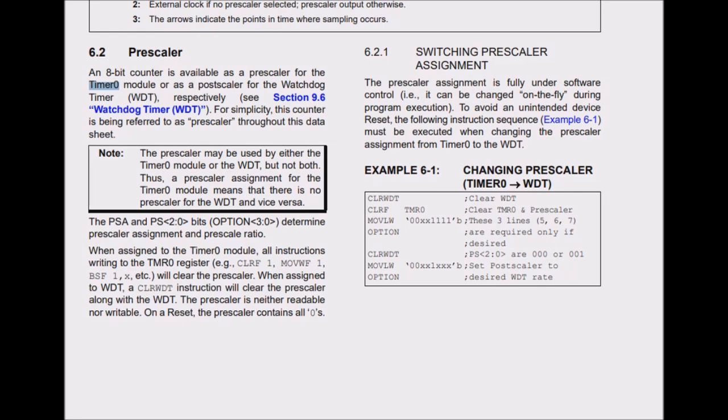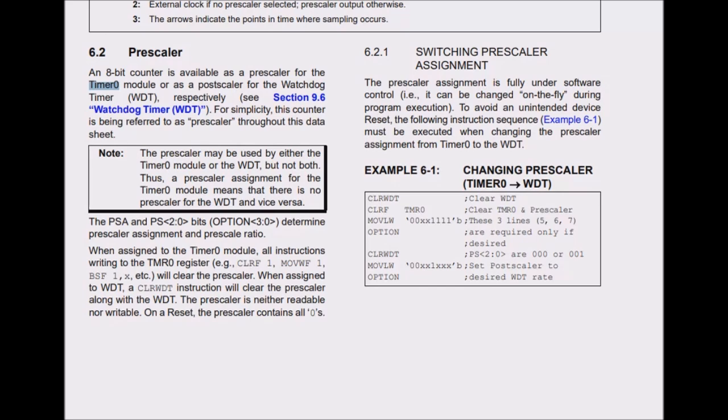Note, the prescaler may be used by either the Timer0 module or the WDT, but not both. Thus, a prescaler assignment for the Timer0 module means that there is no prescaler for the WDT and vice versa.